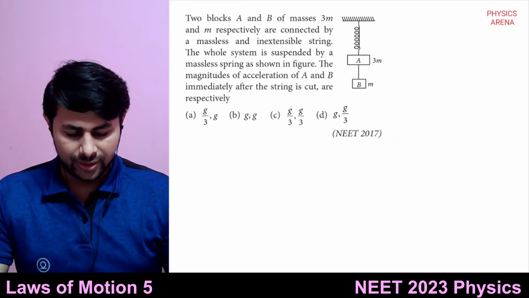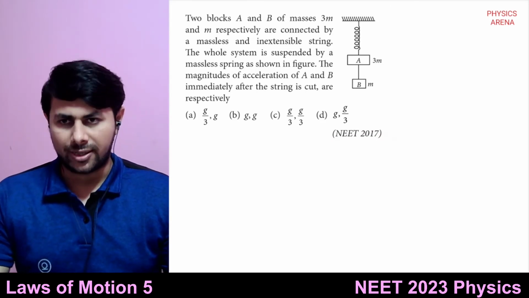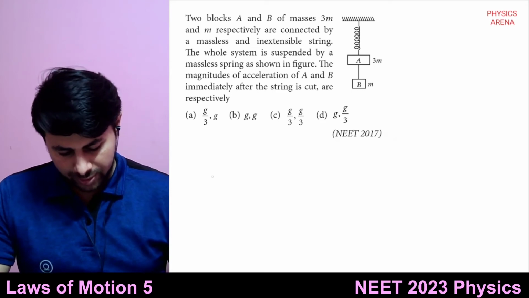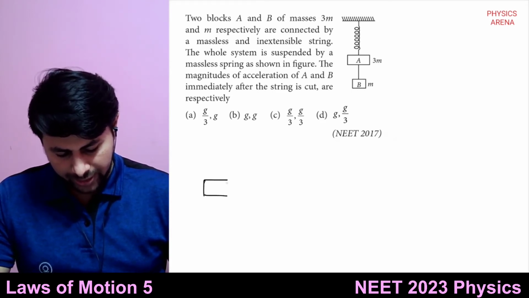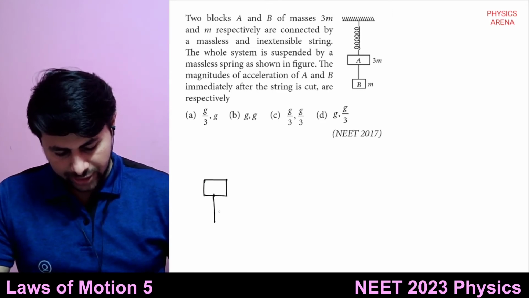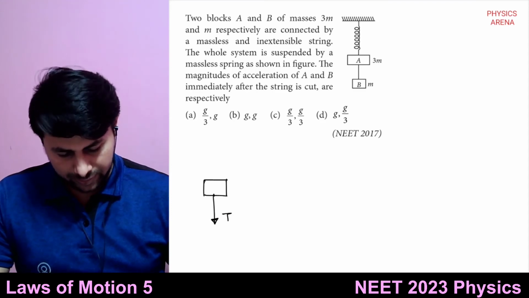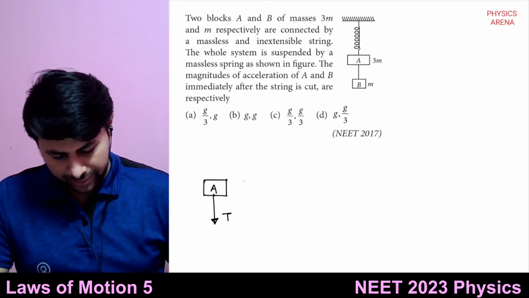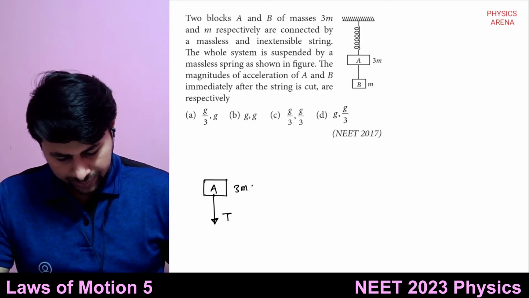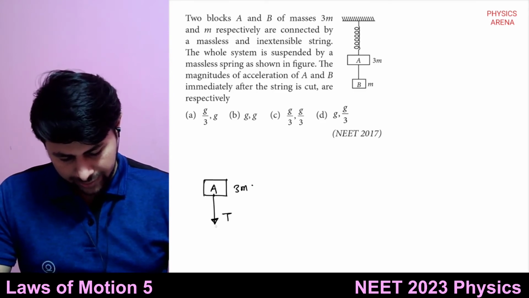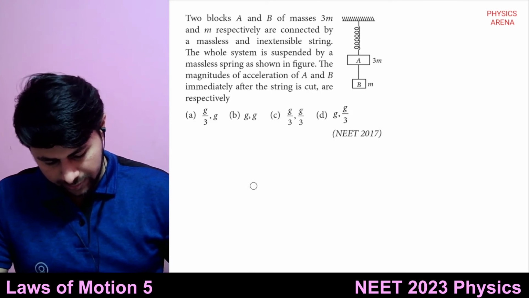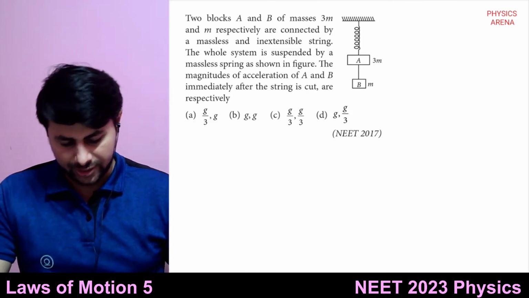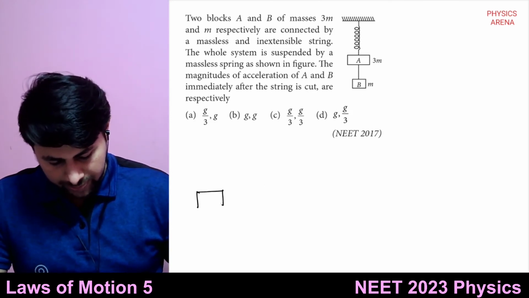So for that, we have to draw a free body diagram. Let's draw the free body diagram of A. There is tension in the string acting downwards. This is A, this is 3m. First of all, let's find out the tension in the string.